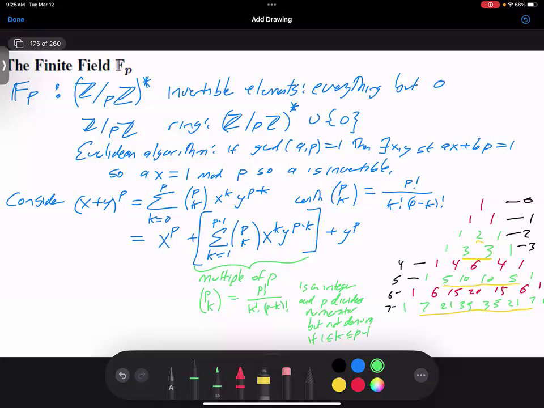Clearly p divides the numerator. Since k is less than p, k factorial is not a multiple of p. Since k is at least 1, p minus k factorial is not a multiple of p. So p choose k has to be a multiple of p if p is a prime.